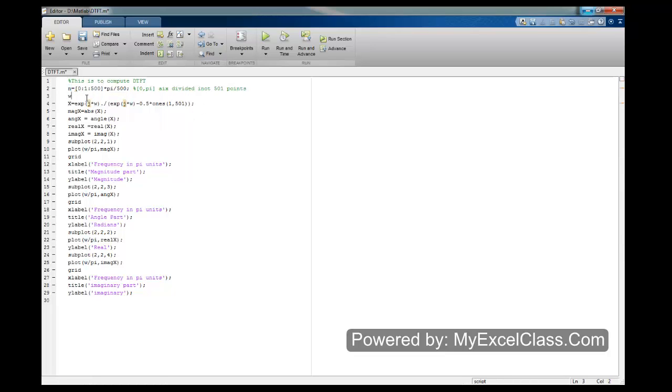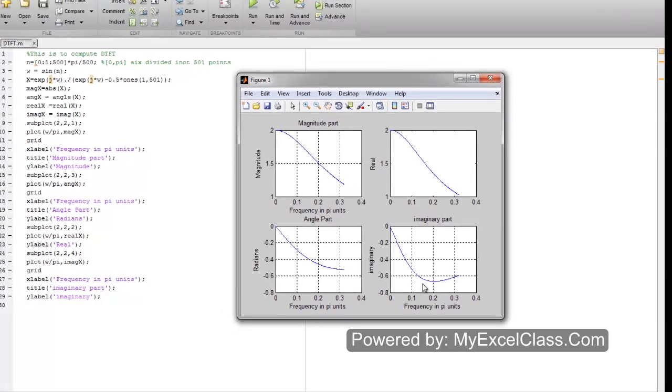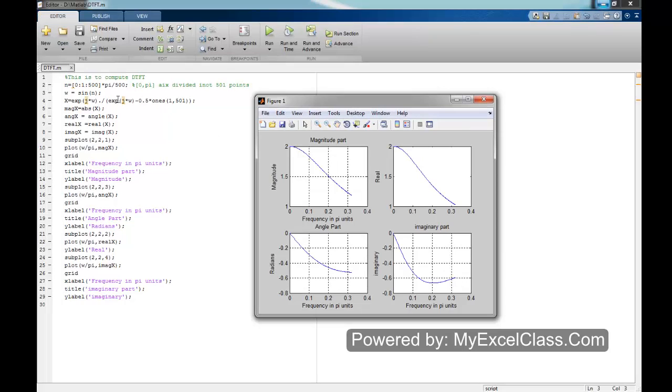So sine of n. So this is your magnitude part, radians, real and imaginary parts, frequency in radians of your sine signal that I generated from here.